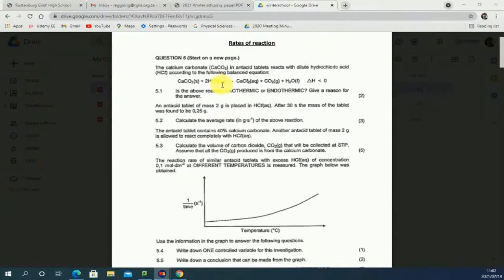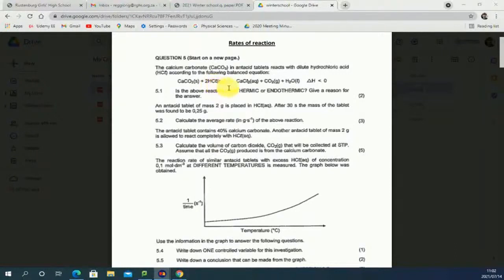An acid plus a metal is a salt plus hydrogen. An acid plus a metal oxide is a salt plus water. An acid plus a metal hydroxide is a salt plus water. And an acid plus a metal carbonate is a salt plus carbon dioxide.